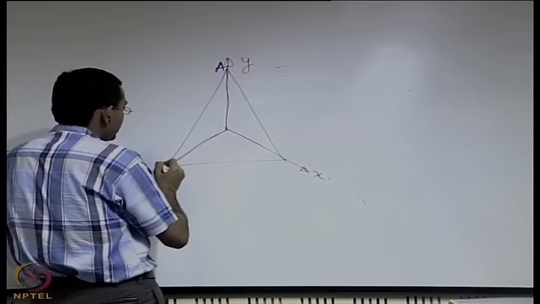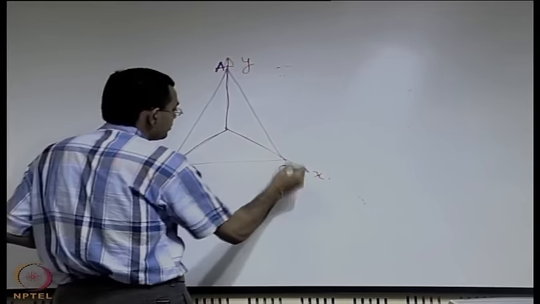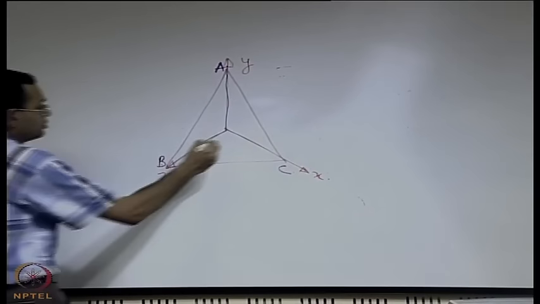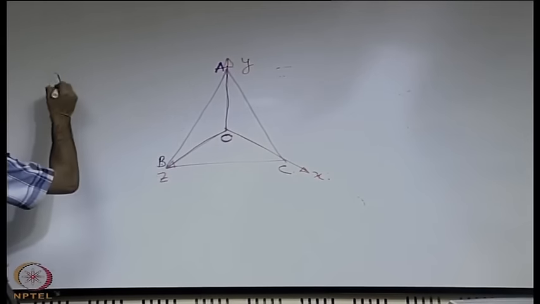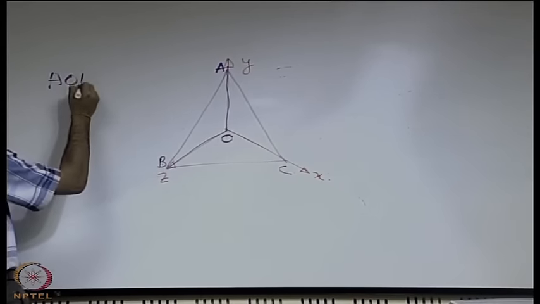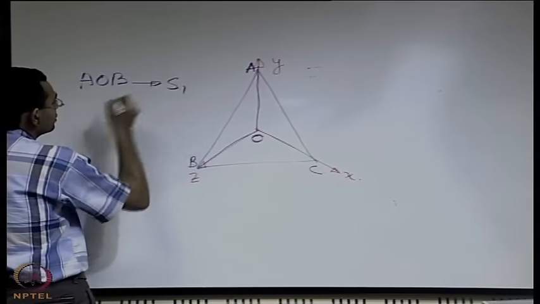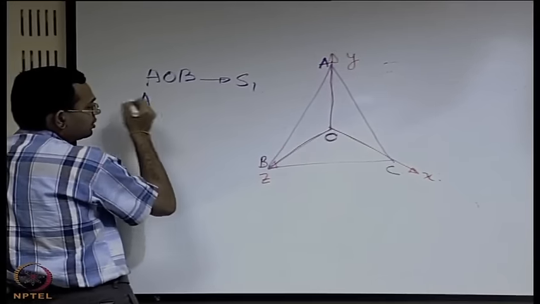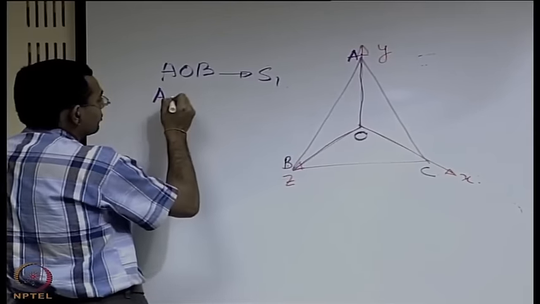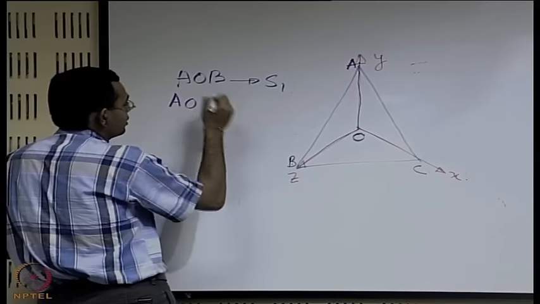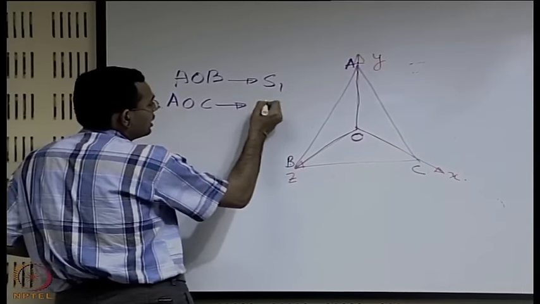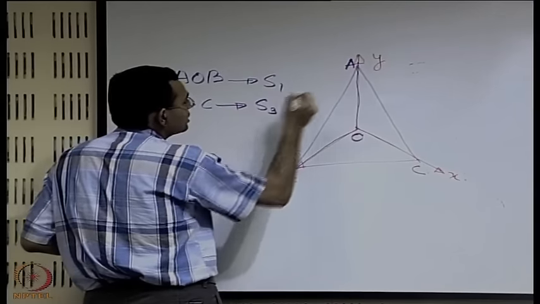We give the points certain names for convenience. So, there are surfaces like this, the surface AOB, let us call it S1, surface AOC, we call it S3. Why such 1 and 3?